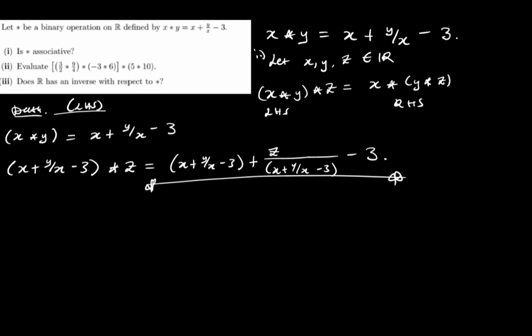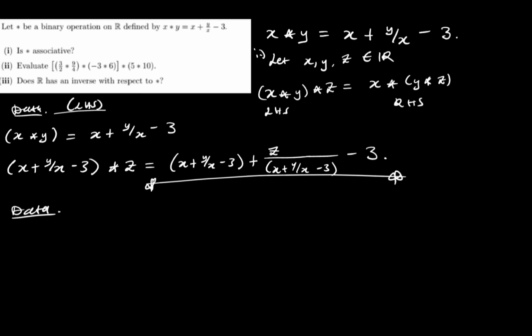Then for the right-hand side, we're having the operation here. So y star z, if we do our operation right, will give us y plus z over y minus 3. Now we can say x operating on y plus z over y minus 3.